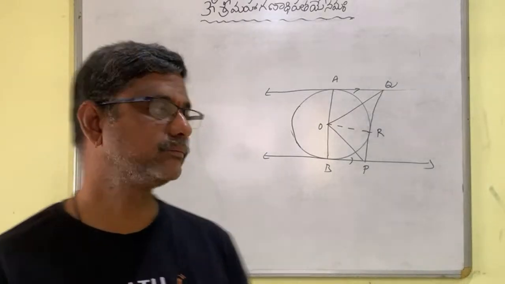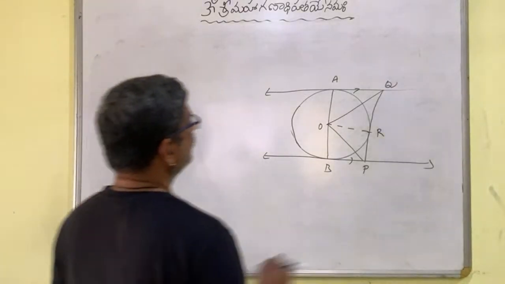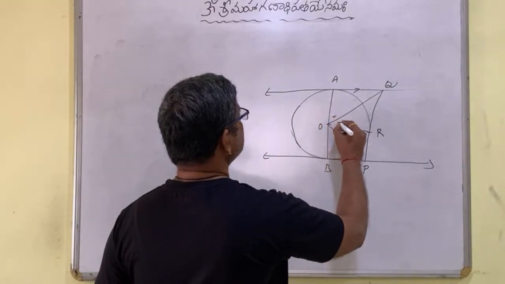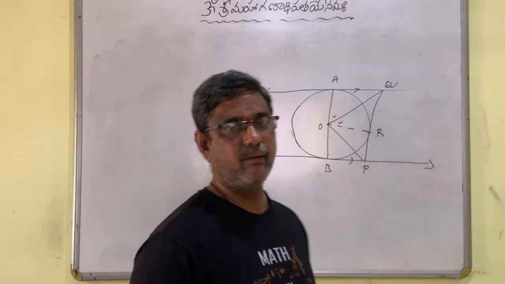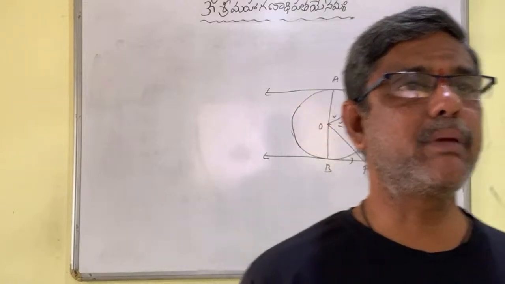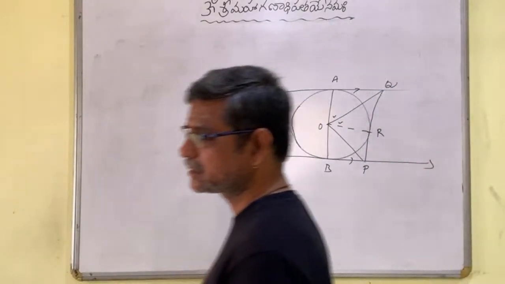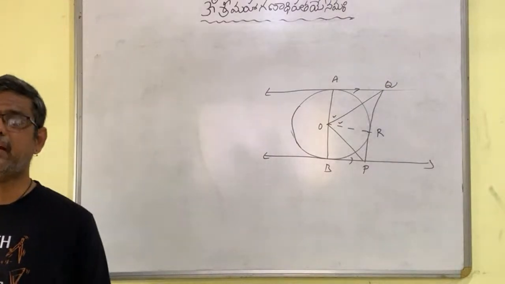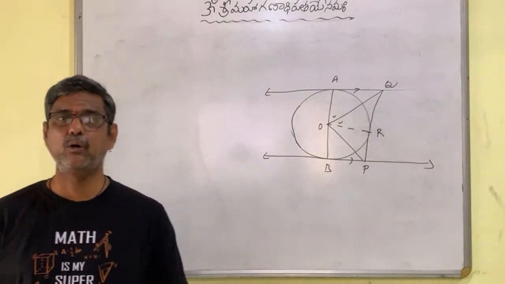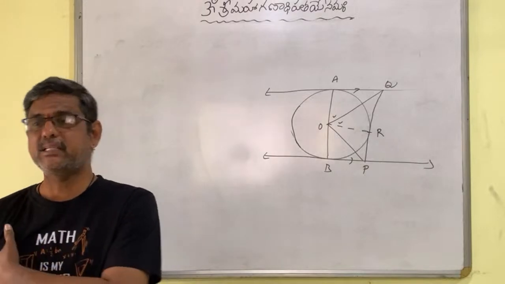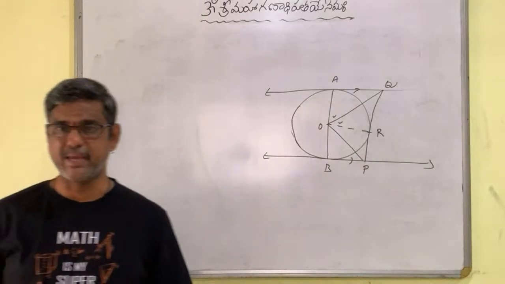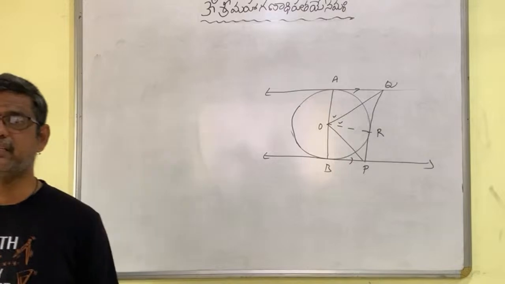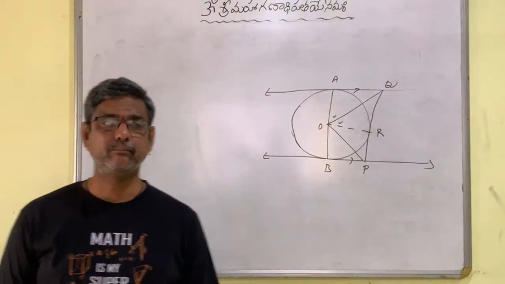Now, children, what can you say about these two angles? AQ, BP are two parallel tangents at the end points of diameter AOB.